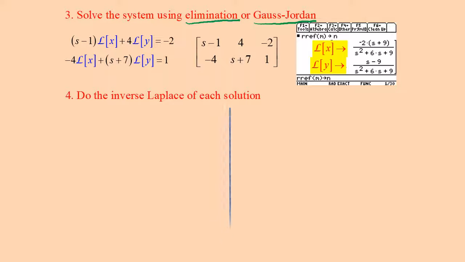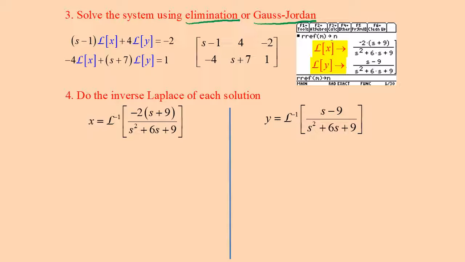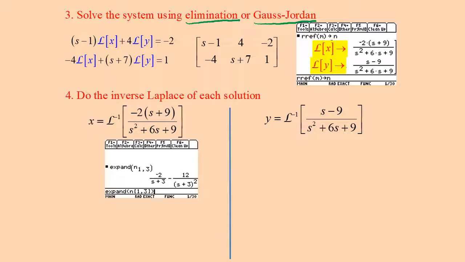And now we need to reverse the Laplace transform. So we need to do the inverse Laplace of those two things. Well, to do the inverse Laplace, each of those needs to look like something in our table of Laplace transforms. And they don't as of now, so to make them look like something, what we need to do is to expand using our TI calculator.